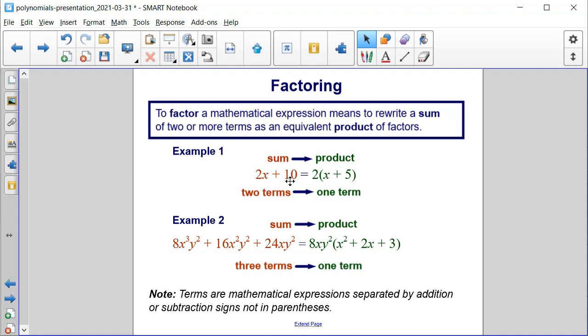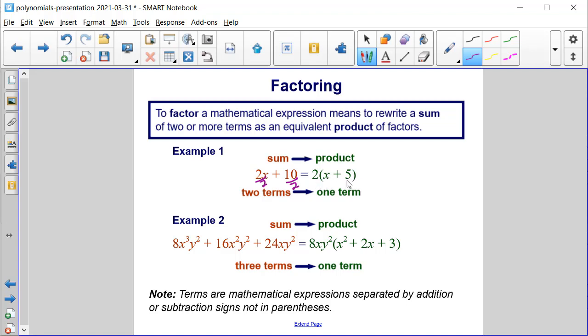Well, 2 and 10 are both even, so I can factor a 2 out of both of those. And when I do that, you're dividing by that common factor that you're pulling out. So we pulled the 2 out, so then if we divide 2x by 2, we get just 1x, and if we divide positive 10 by 2, we get positive 5.